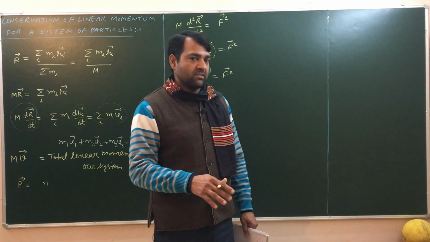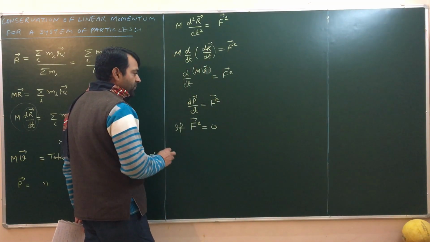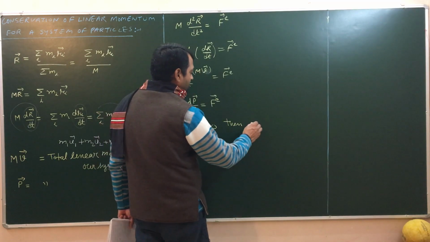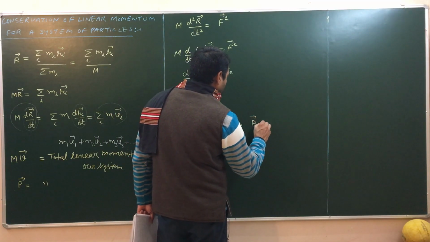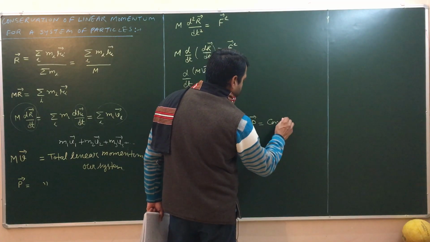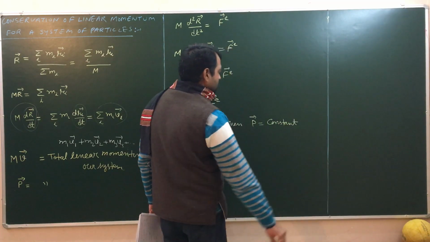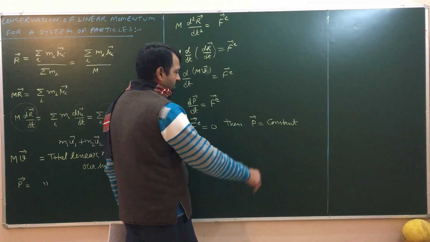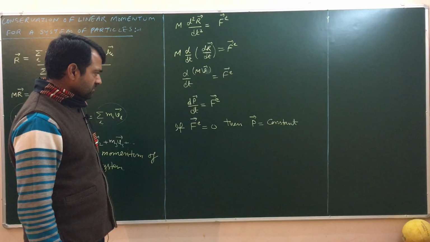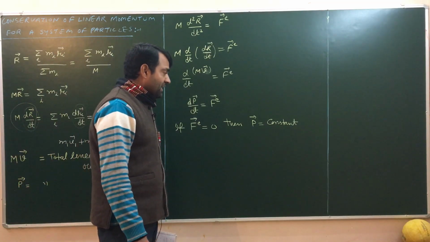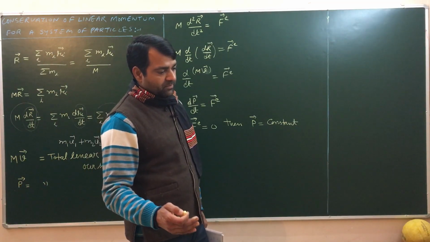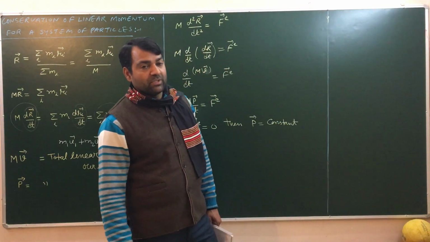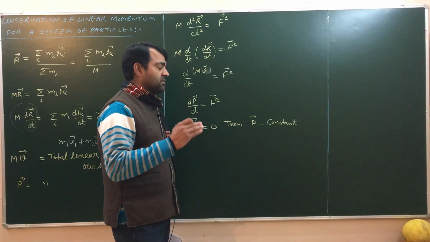In both these conditions, I can say Fe equals 0, then this equation implies that P equals constant, because the differentiation of P being 0 implies P is a constant vector. It means if there is no external force, the linear momentum of the center of mass, please keep in mind, the linear momentum of the center of mass is constant.